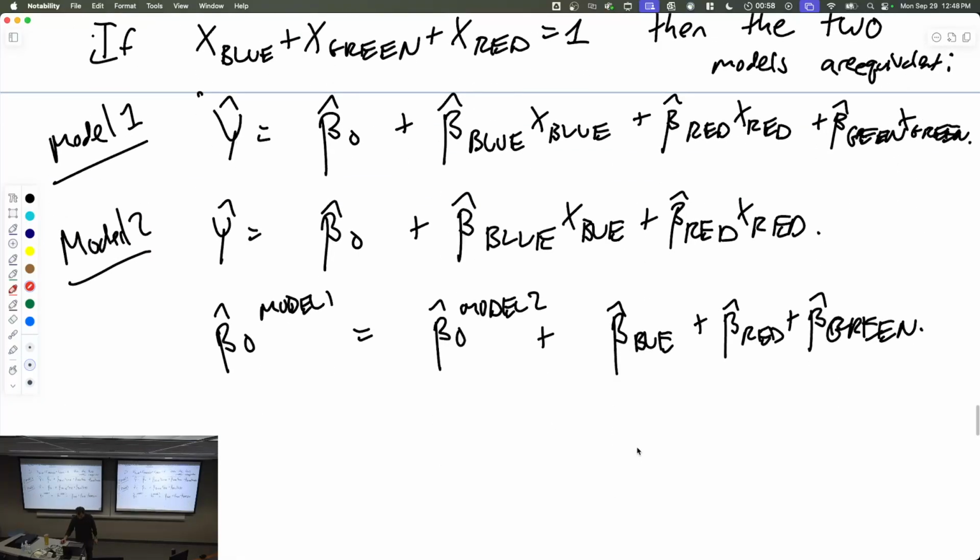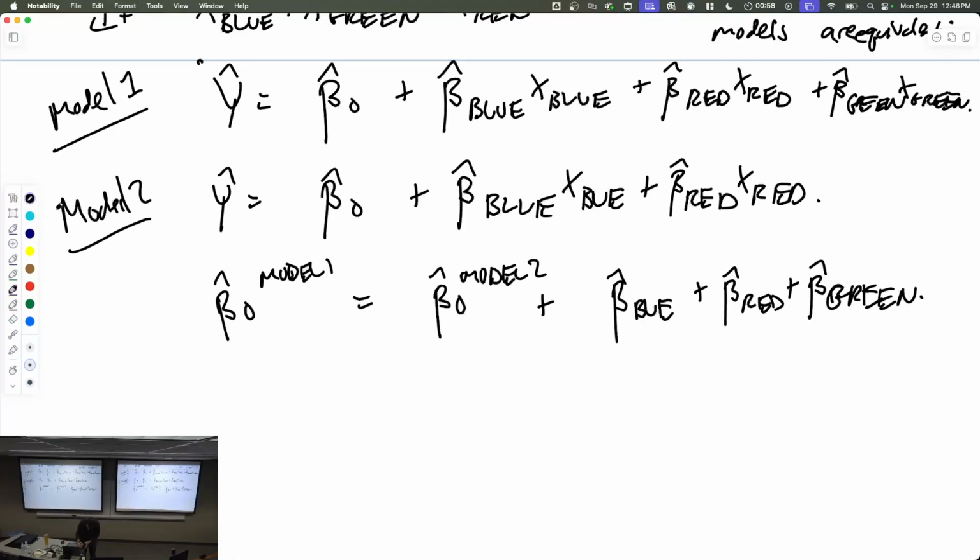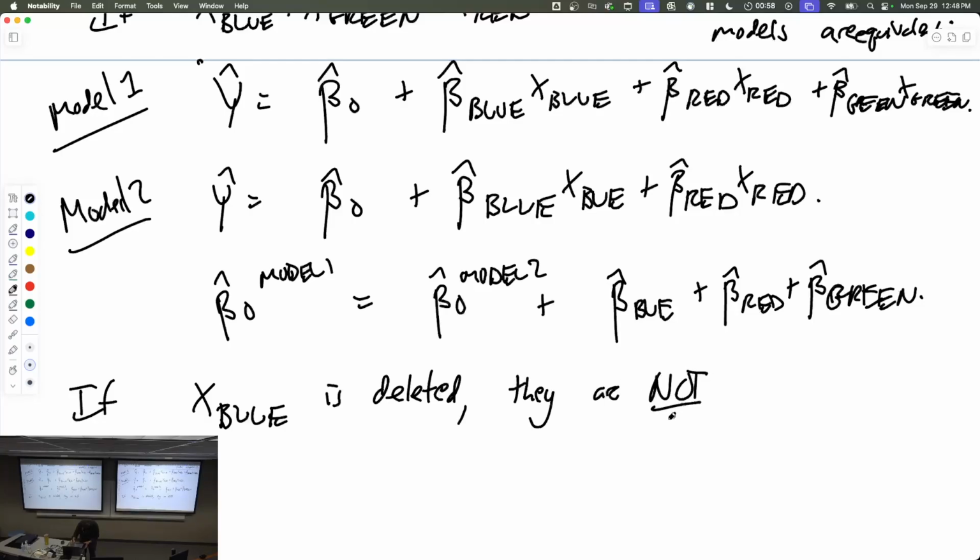But for example, if x blue is deleted, they are not equivalent. So if you delete x blue, then model 1 and model 2 are no longer equivalent, and so maybe there is some reason you want to keep green.